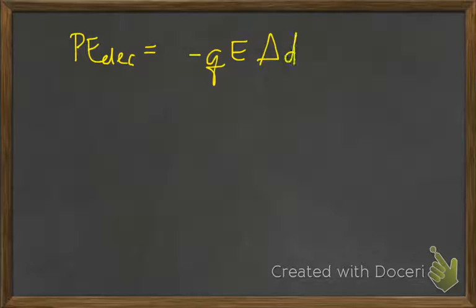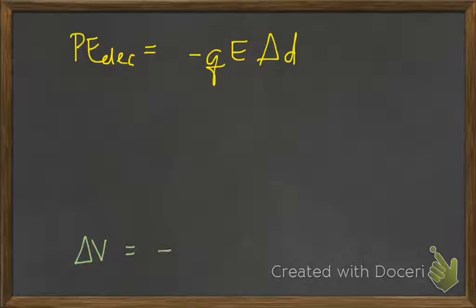So now we're going to take the second equation that we talked about today, which was delta V equals delta PE electric over Q, and we're going to plug in what we have for PE electric into this equation.